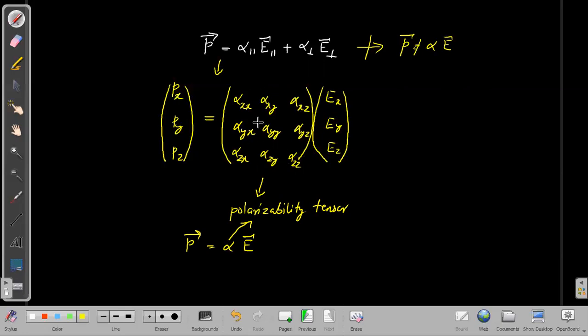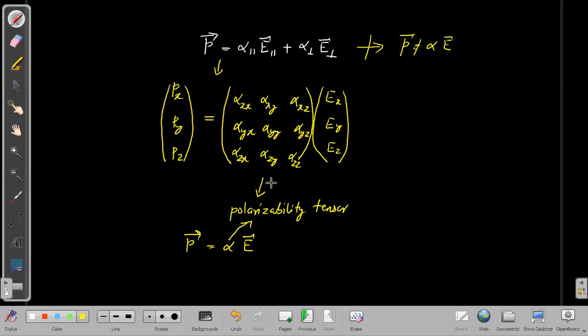For different molecules, these values would differ. For some molecule it may happen that all off-diagonal elements are 0 and only diagonal elements are non-zero, then the direction of P and the direction of E would be the same. That is one way of looking at it. But in general, the direction of the dipole moment and the electric field are not the same. So this is the effect of the static electric field on the molecule without any net dipole moment.